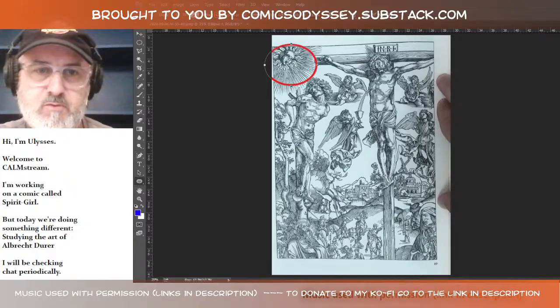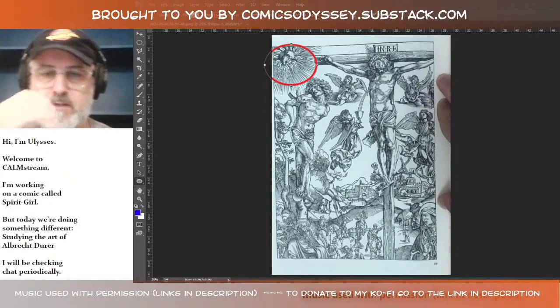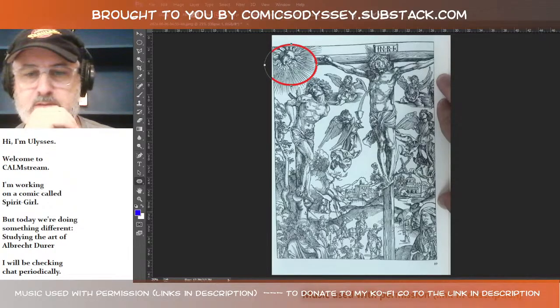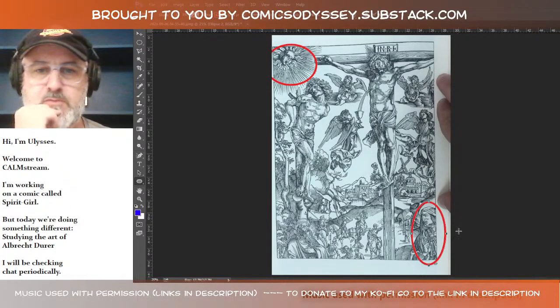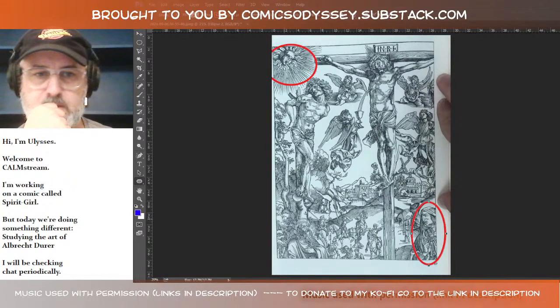So there's a way of containing the eye within a panel. I see the figures. This face is mirrored by this face here, again in the corner.